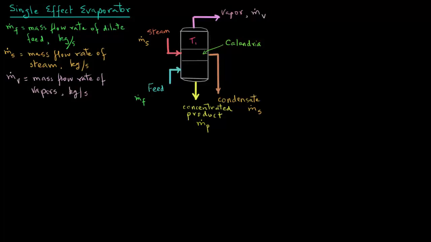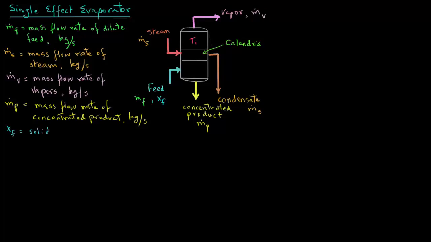We have m dot p, the mass flow rate of concentrated product in kilograms per second. And we also have the solid fraction in the feed as xf, which will be dimensionless. Similarly, the solid fraction in the concentrated product is denoted by xp, which will be dimensionless.